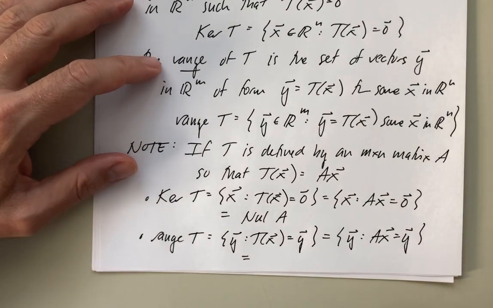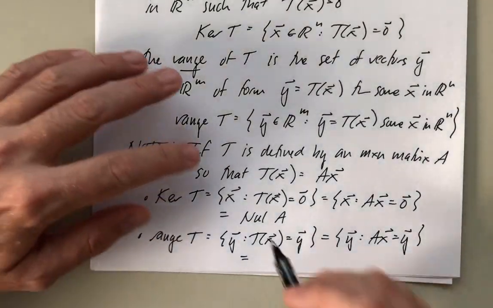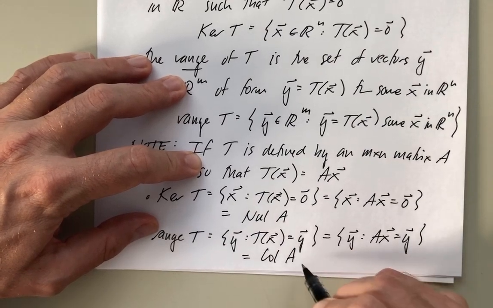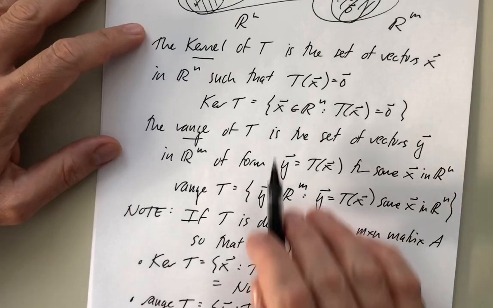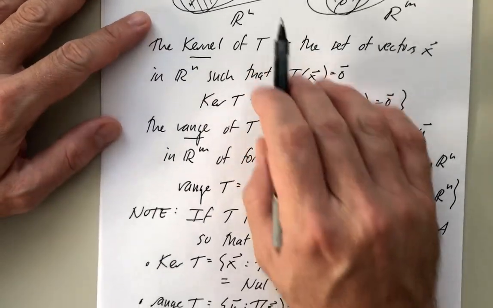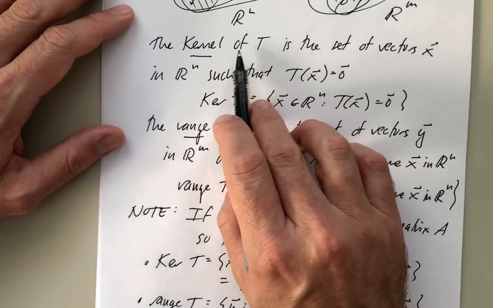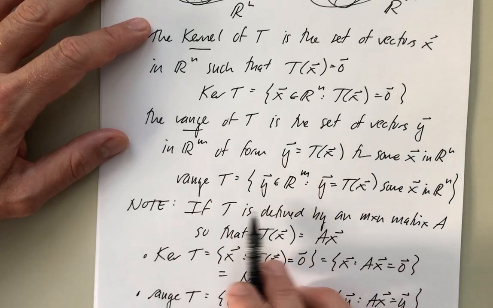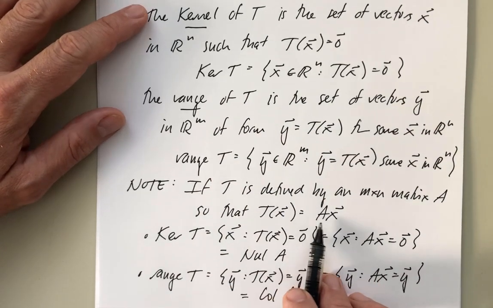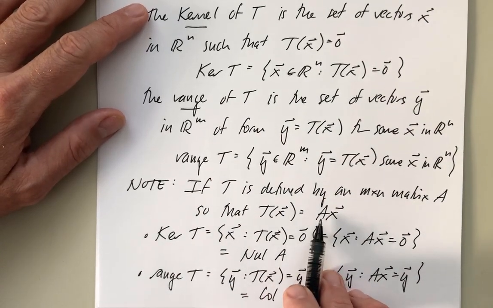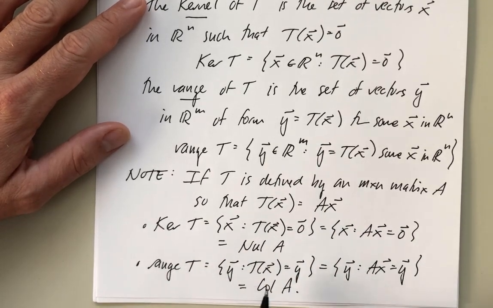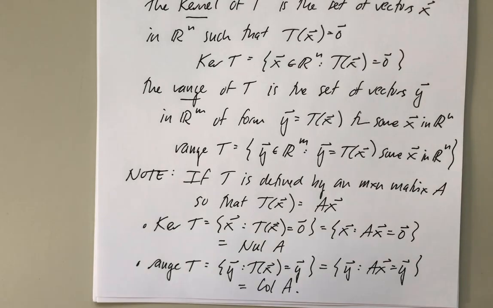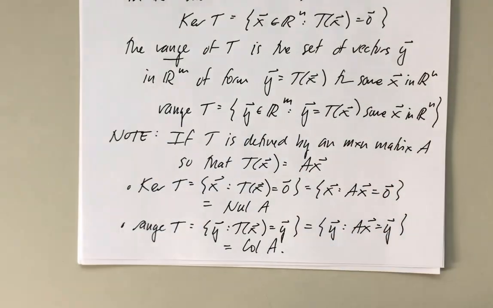And of course, that has a name that we've been studying: this is the column space of A. So the point is that any transformation gives rise to these abstract notions of kernel and range. When your transformation is just matrix times vector, a matrix transformation, the kernel is the same as the null space and the range is the same as the column space. So it's yet another way to think about these concepts in the more abstract context.